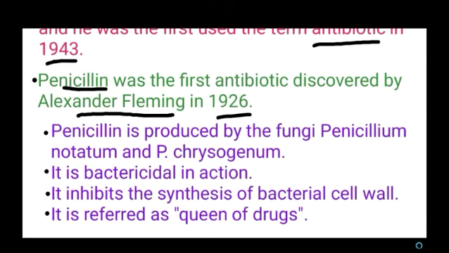There he found a chemical substance produced by the green mold, and he named that chemical substance penicillin. Penicillin is produced by the fungi Penicillium notatum or Penicillium chrysogenum. These are the two species of fungi which produce penicillin.